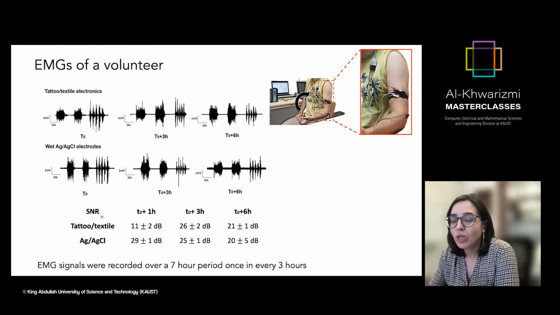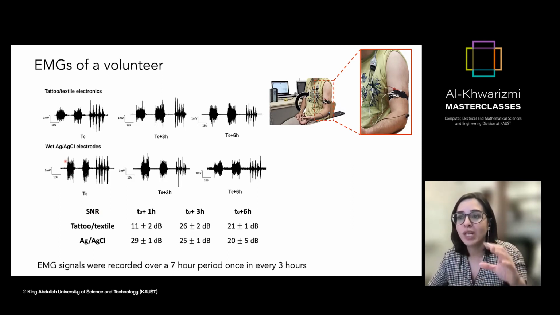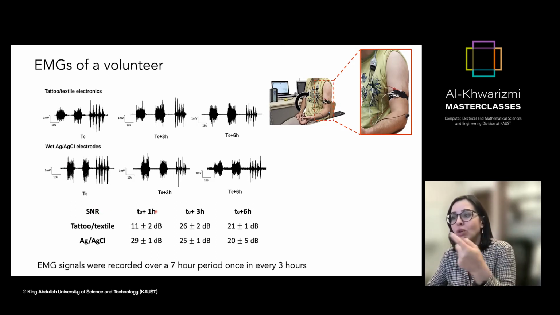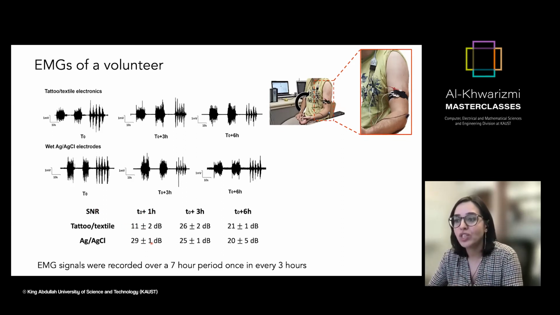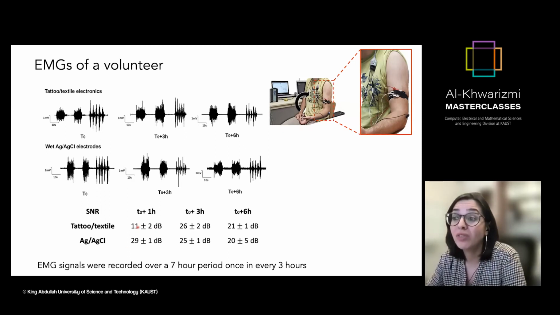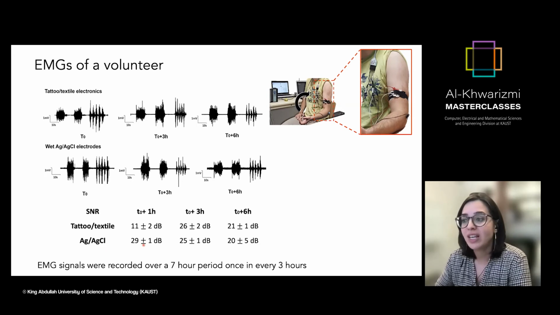And now here I'm showing you the signal-to-noise ratios, meaning how good the quality of the signals is at 1 hour after we start the measurements, 3 hours after, and 6 hours after. Obviously, the higher the signal-to-noise ratio, the better the quality of the recordings. With the tattoo-textile electronics, you start at about half the quality of the standard Ag/AgCl electrodes.